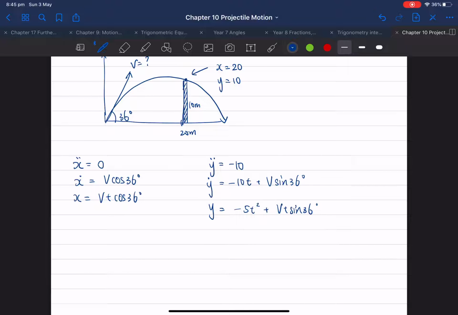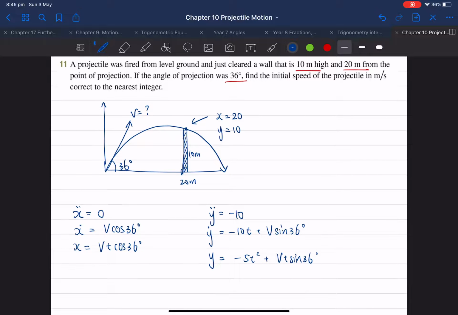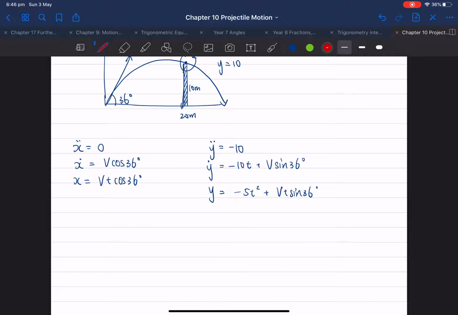Right, so once we have this, now back to the question. How do we do it? We don't know the time. We have no idea how long it takes for the particle to reach that point. But we sort of know what x and y are, right? So what we can do is substitute x equals 20 and make t the subject, and once we finish that, substitute into the second equation, and maybe that will help us evaluate the value of v.